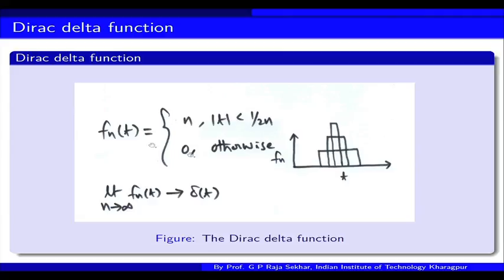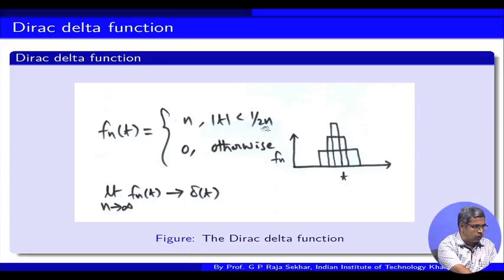Consider a function f_n(t) which is defined as n when mod t is less than 1 over 2n and 0 otherwise. If you consider f_1, with points at minus half and half, then f_1 is 1 when mod t is less than half, 0 otherwise. That is this box.